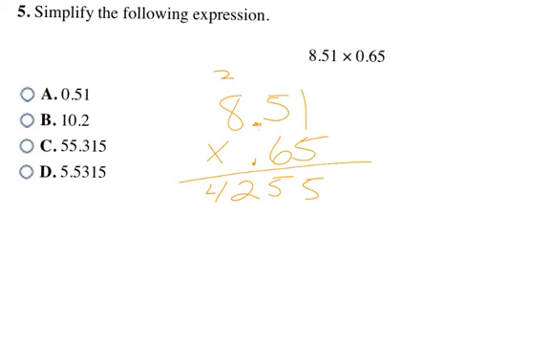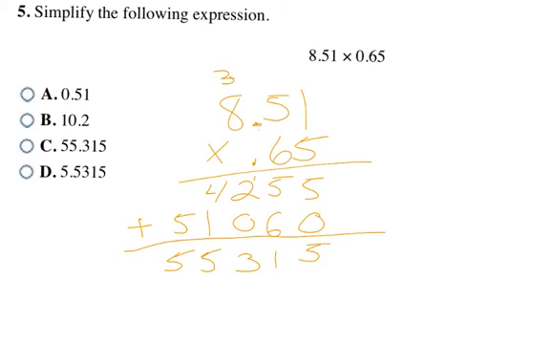And then my second line, remember, you either start over 1 or put a 0 here. And then I'm going to multiply 6 by 8, 5, and 1. And when I do that, I get this for my second line. And then I add these up. And I get that as my final answer.